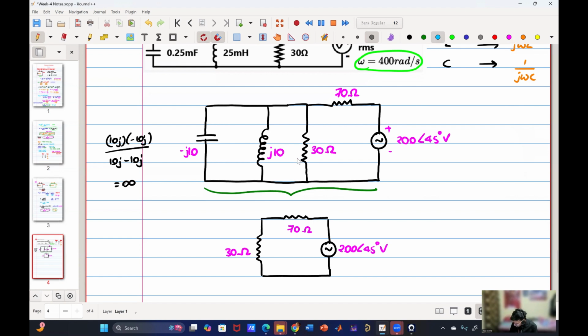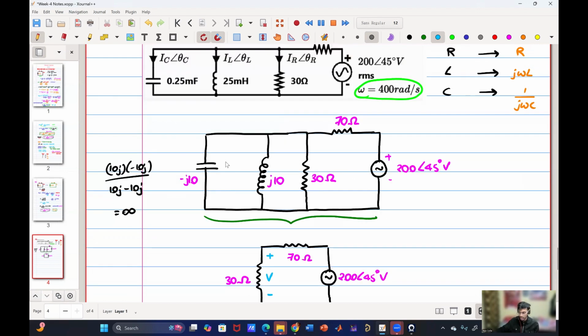Sir, I'm getting 1 by J 0.1 for C. Okay, okay. So L, you got it right. So C is 1 by j omega C. Omega is how much? 400. C is how much? 0.25 milli, that is 0.25 into 10 to the power of minus 3.